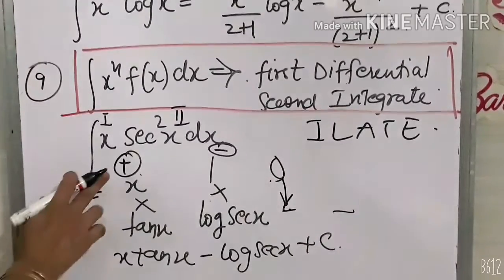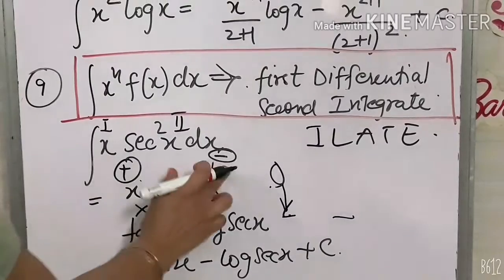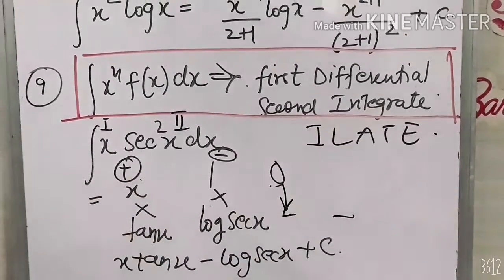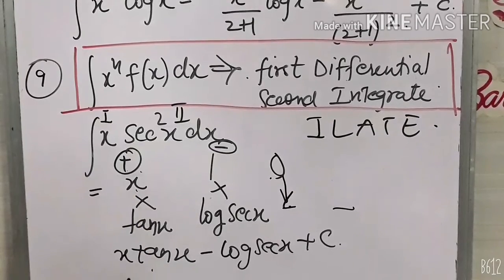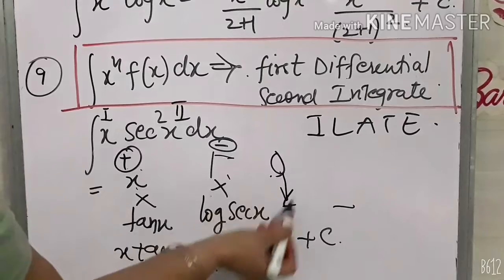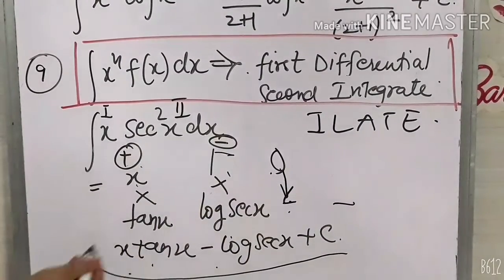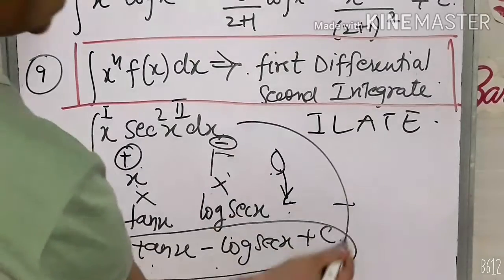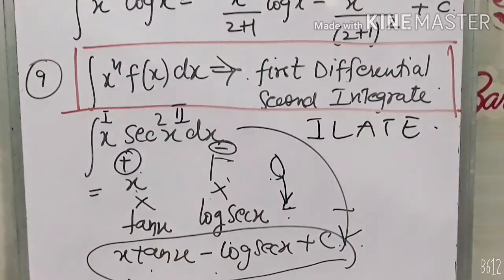Log sec x, then I did not write again because it is a 0. If I am multiplying with 0, I am getting 0 only. Start from positive, signs I am telling you, plus, minus, plus, like this it will go on. So see here, x into tan x with the positive sign, 1 into log sec x with the negative sign. I did not do the rest of the part because it was 0. This is your answer for this one.